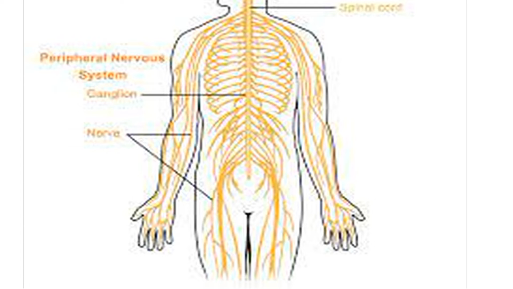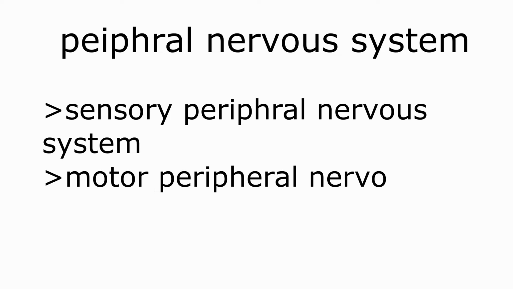The peripheral nervous system is made up of nerves, and these nerves are neuronal cells, the same cells that make up the brain, that extend from the brain and spinal cord to reach all over the body to take the sensation as the sensory nervous system and give the body the command that the brain has commanded as the motor nervous system. It means the peripheral nervous system is divided into sensory peripheral nervous system and motor peripheral nervous system.